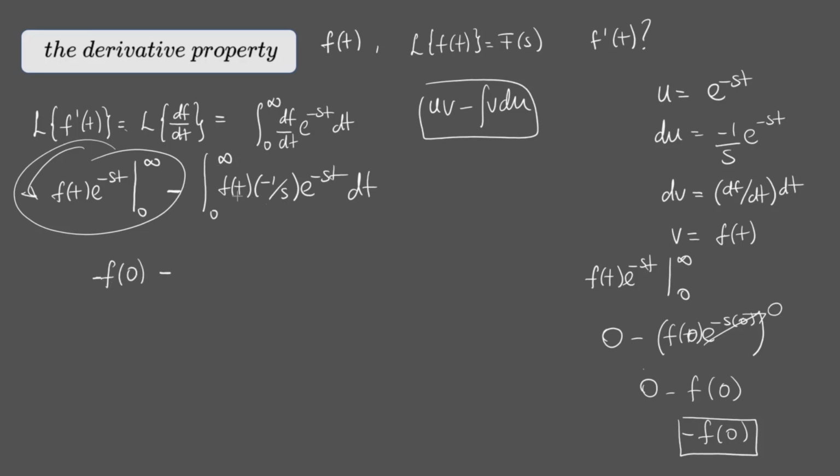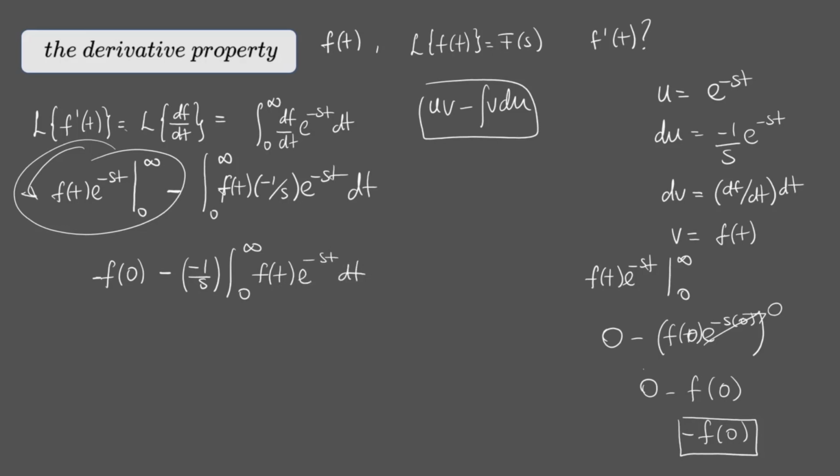So we have negative f of 0, minus, evaluate this integral. Pardon my handwriting. What happens if we bring out minus 1 over s? So minus 1 over s, 0 to infinity, f of t e to the minus st dt.